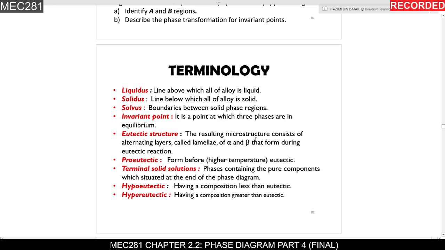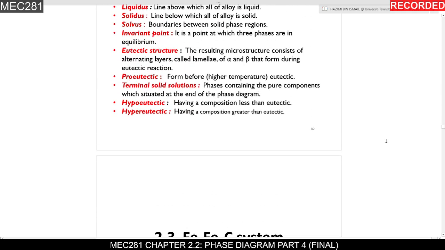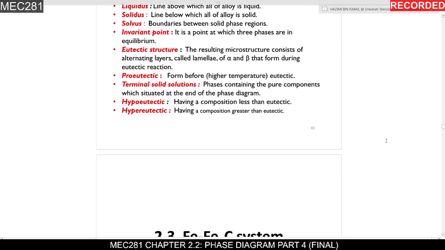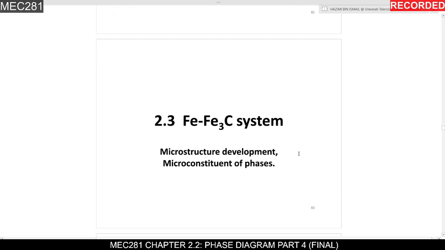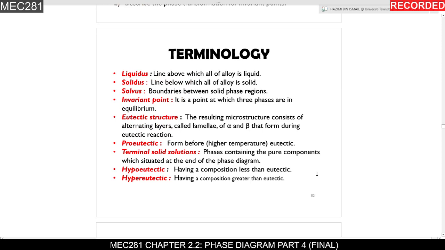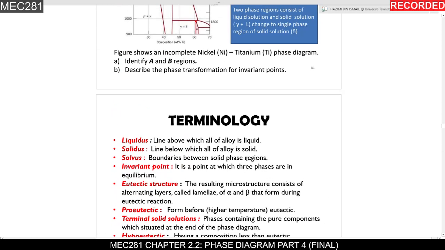Before we go to 2.3, which will be learned in the next video, I will create a specific video for 2.3 about the ferrum carbon system. That's all for subchapter 2.2, the final part. In general, we have 4 parts of video for subchapter 2.2, and I hope you can all study.